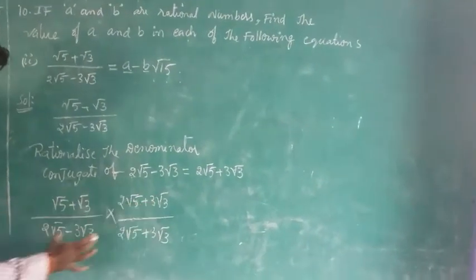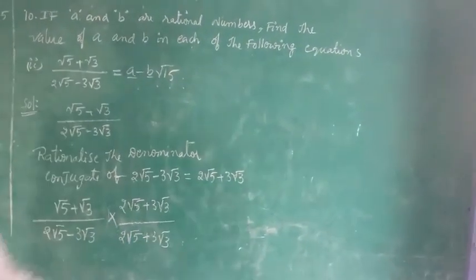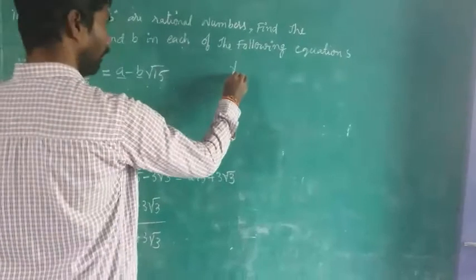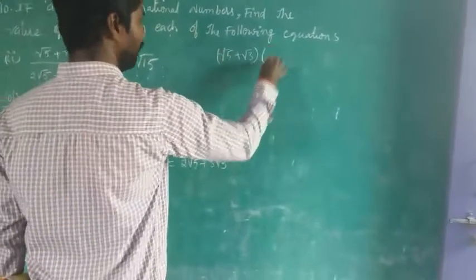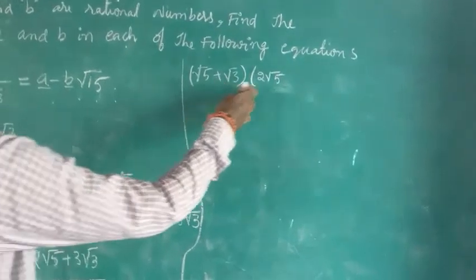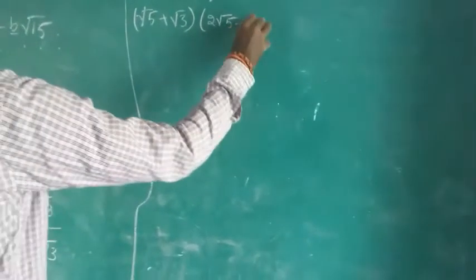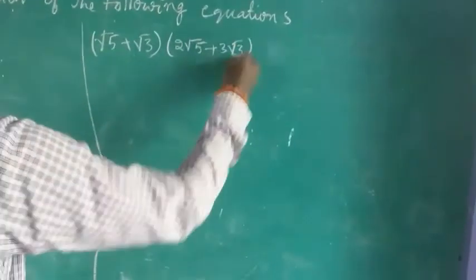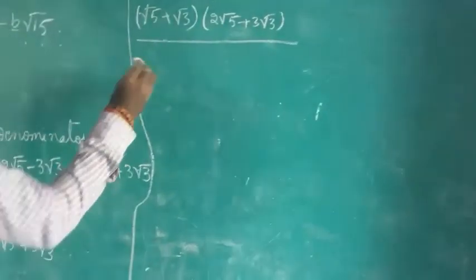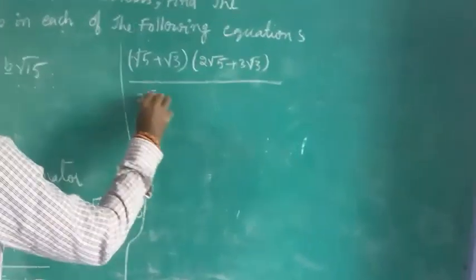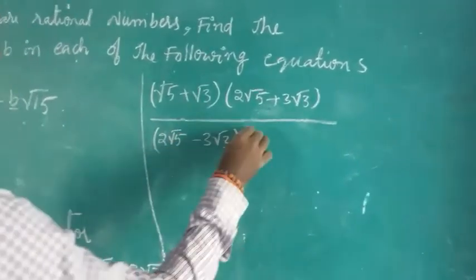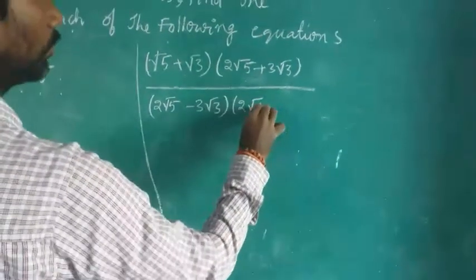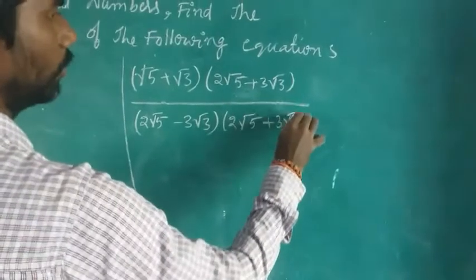Numerator into numerator, denominator into denominator. So root 5 plus root 3 into 2 root 5 plus 3 root 3 by 2 root 5 minus 3 root 3 into 2 root 5 plus 3 root 3.